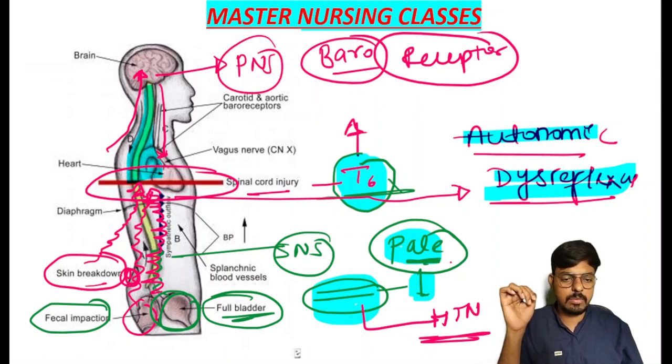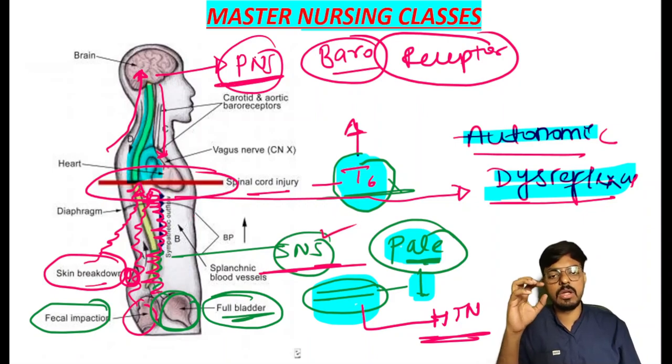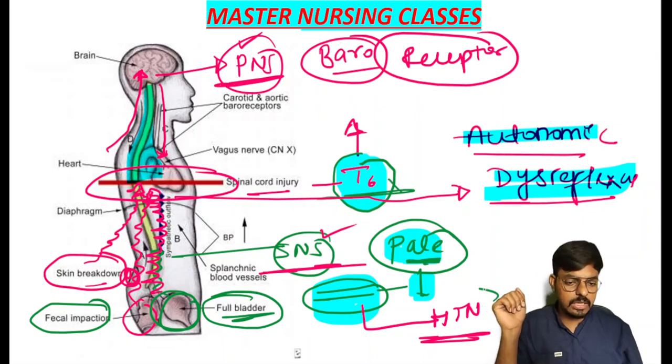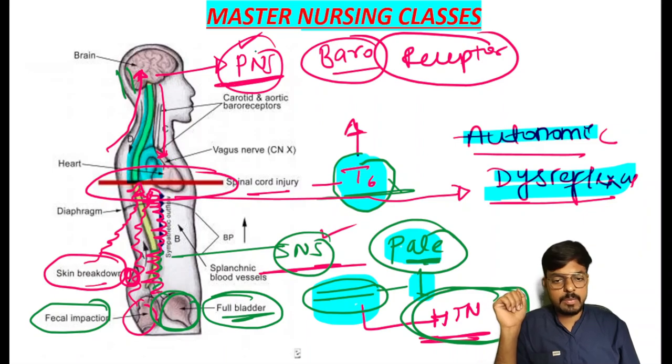Below the level of the injury, the sympathetic nervous system is activated; above the level of the injury, the parasympathetic nervous system is activated. So here we get hypertension because of the vasoconstriction, and we get bradycardia, a decreased heart rate, because of the activation of the parasympathetic nervous system in the upper body.